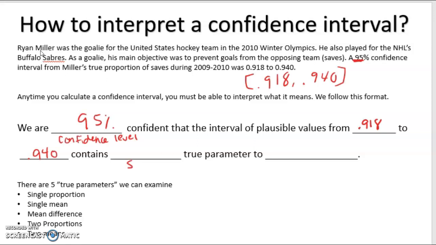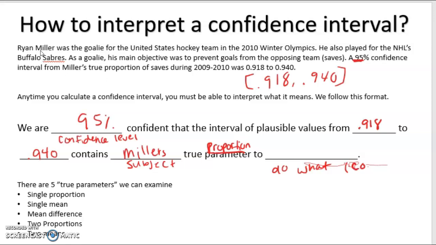and then you want to talk about your subject. In this case, we're talking about Miller's true, and instead of parameter, I'm going to scratch this out because I want to say true proportion. I want to be even more specific than just saying a parameter. So it's true proportion, and then to do what? I want to say in context, what is he actually doing? What are we actually talking about?